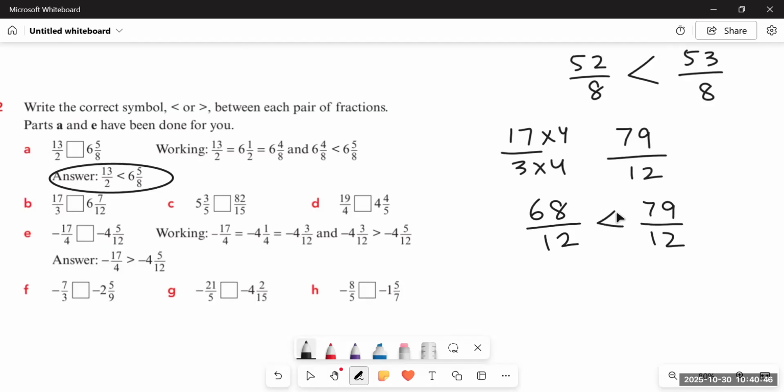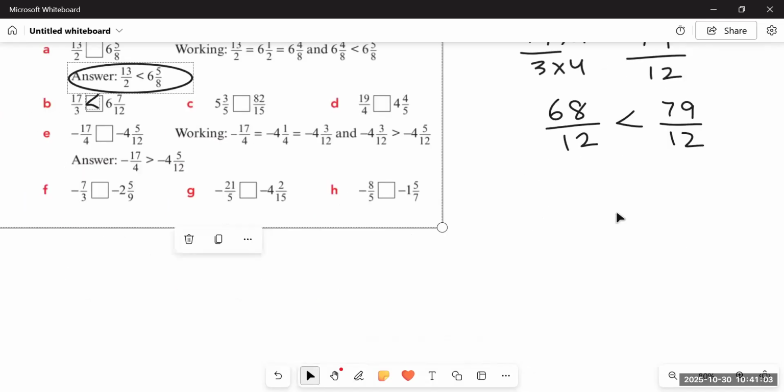So we'll put the sign of greater with 6 whole 7 over 12, right? And when you will divide 17 by 3, this will become 5 whole 2 over 3. Okay, and 5 whole is less than 6 whole. So that's also verified.